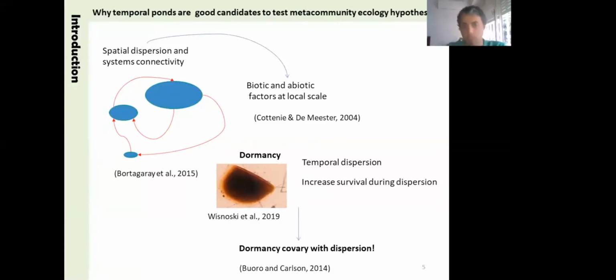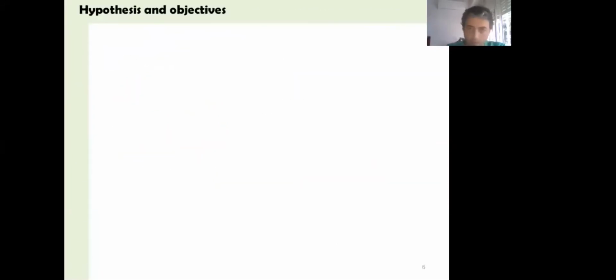Consequently, dormancy may cooperate with dispersion, and this has direct implications for zooplankton metacommunity dynamics, connecting isolated systems.